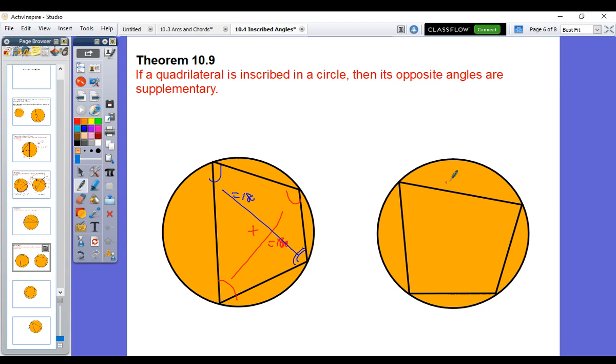And let's see why. Let's use this as an example. Let's say this angle right here. Let's look at the arc of this. We don't know what this is, but here's the angle. The arc goes from here all the way around to its other endpoint right here. And let's look at the other angle. This angle right here, the arc goes from here to here, but it goes around this way.